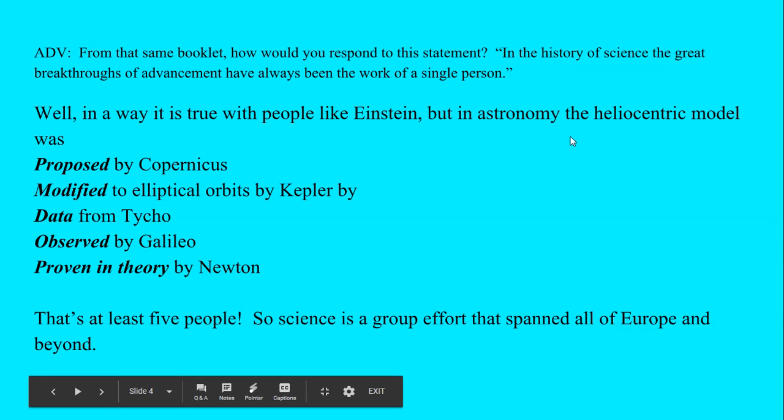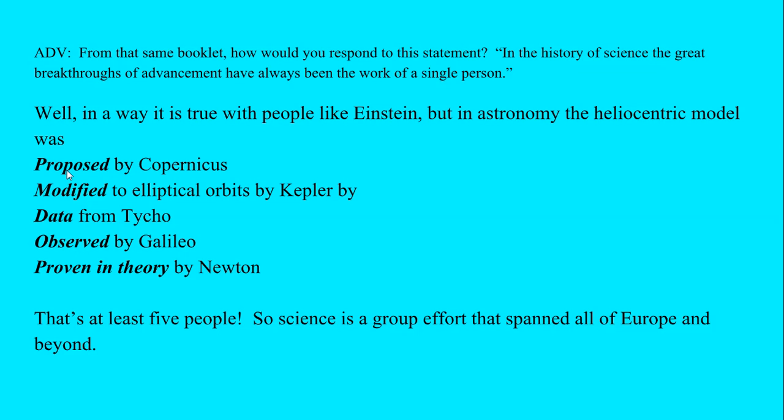But if we look at our understanding of the solar system, the people we know of, there could be more, the model was proposed by Copernicus. Tycho modified the orbit to ellipses because it fit the data better that Tycho got from the real universe.